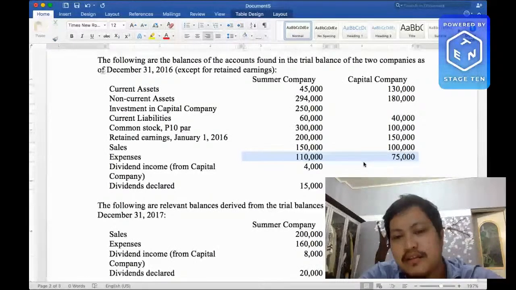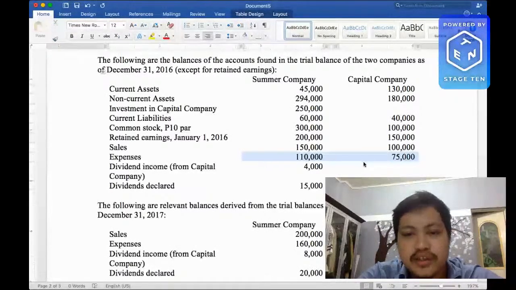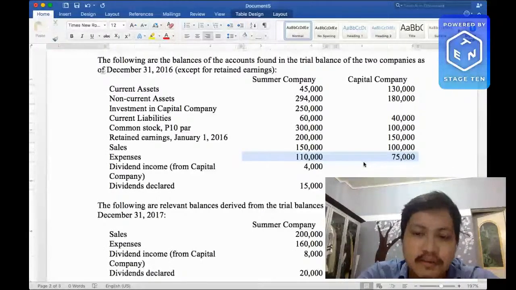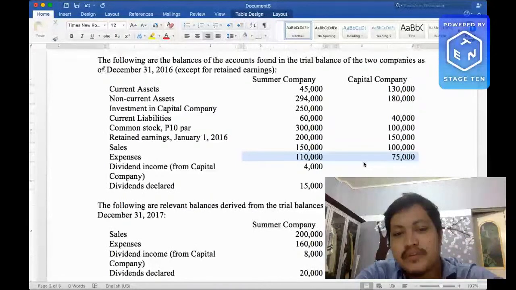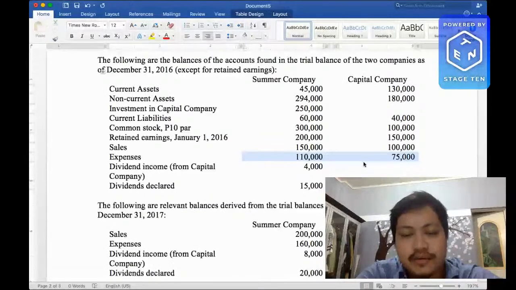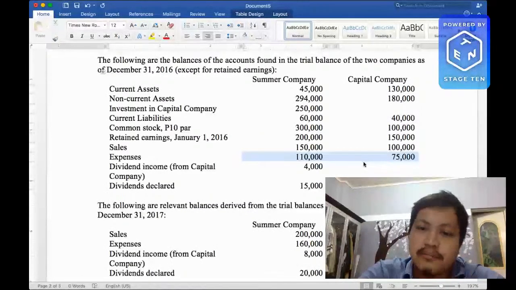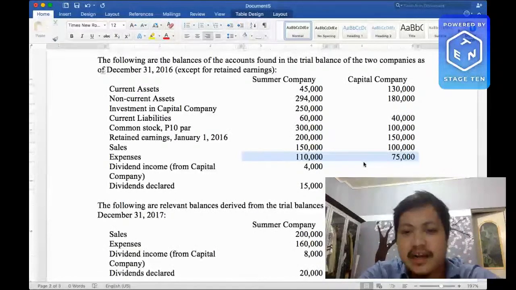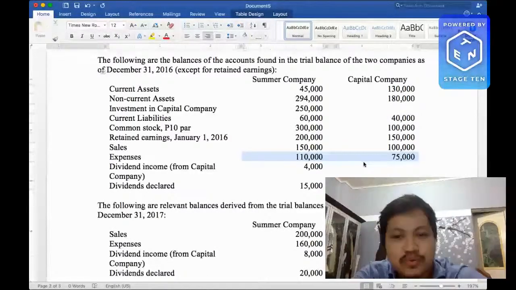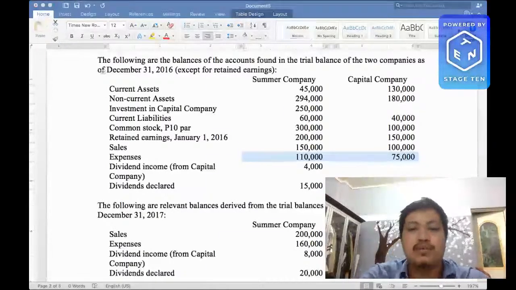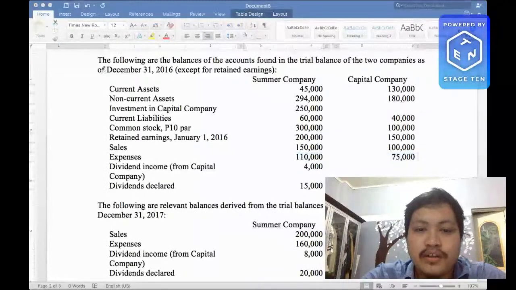But since we are going to exclude this, class, since this is from the subsidiary, then simply ignore it. Do not add it. If we were preparing the income statement of the parent, we would have added the 4,000 because this is income on the part of the parent. But in the eyes of the consolidated entity, this is not income. So instead of deducting it, class, simply ignore it this time. So 150 minus 110, the income of the parent from its own operations would be 40,000.